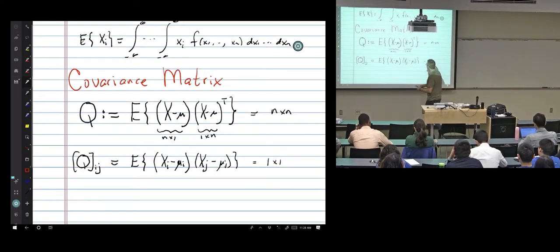So this matrix has all of the variances on the diagonal, and the off-diagonal terms are called correlations. We don't need that vocabulary right now, but this is how the ith random variable is correlated with the jth random variable.